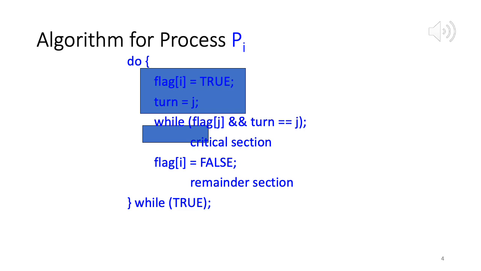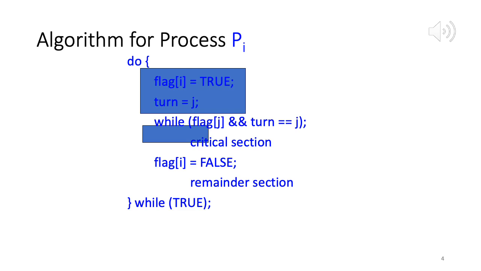And then after it exits its critical section, it will set flag I equal to false, which is just a fairness thing. What Pi is saying is, since I have just gotten out of my critical section, let me set my flag as false so that other processes whose flags are true can enter.